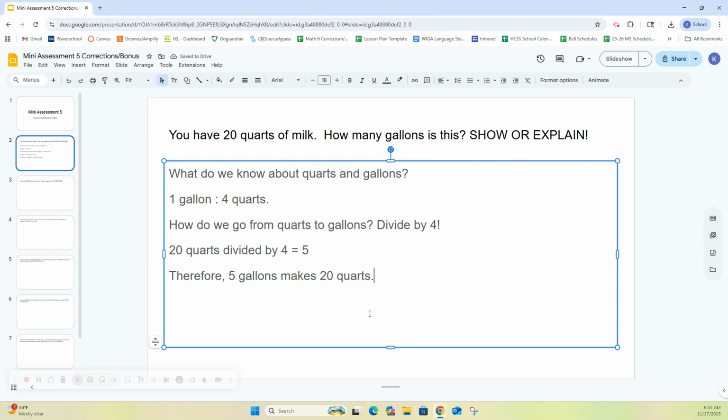And again, let's do a quick recap. There are 4 quarts to 1 gallon. So to go from quarts back to gallons, you divide by 4. 20 quarts divided by 4 is 5. So 5 gallons makes 20 quarts. All right, let's keep going.